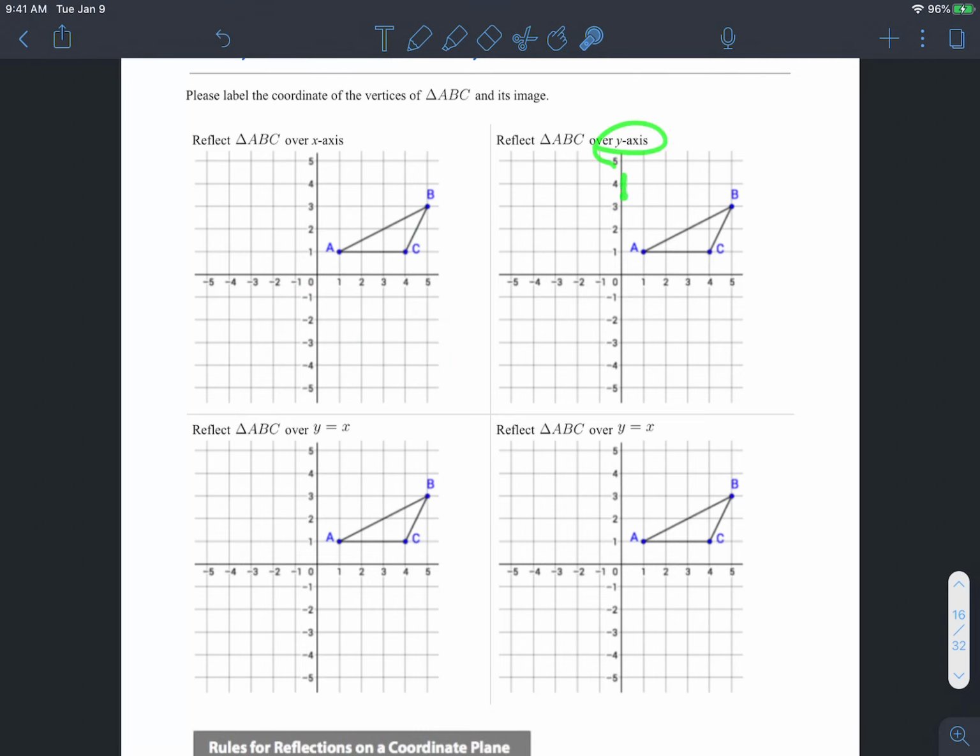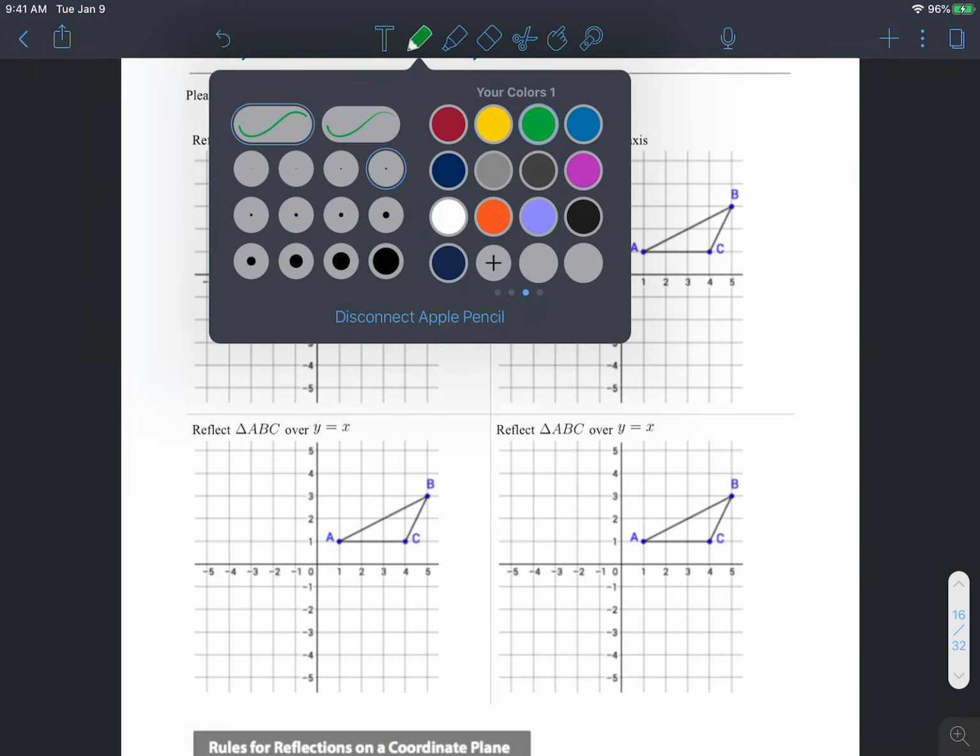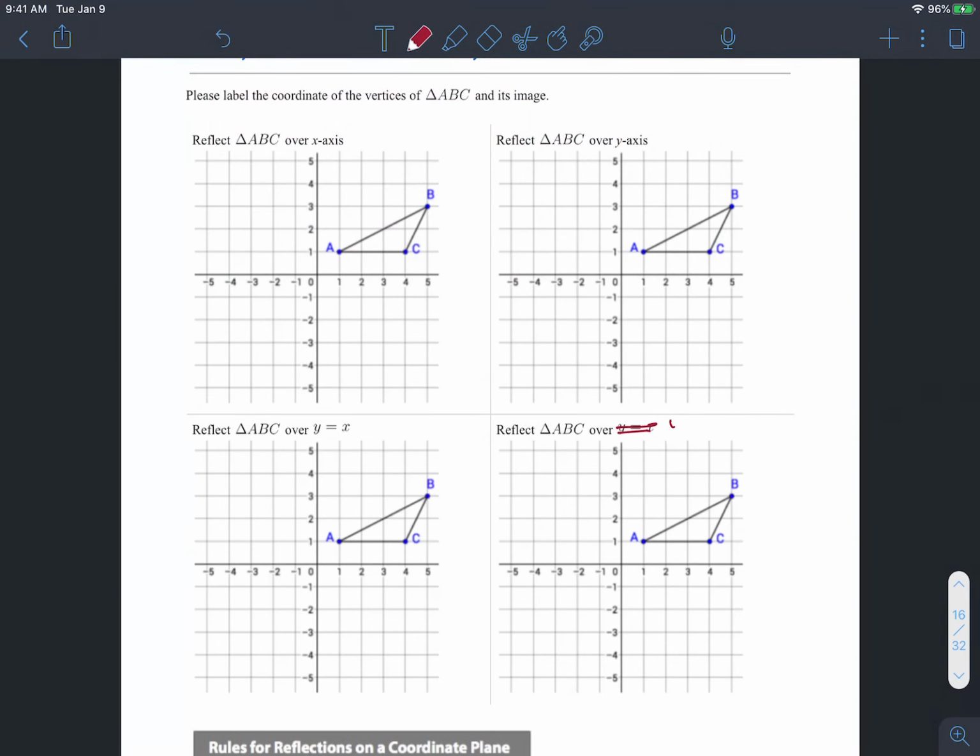And this one is over the y-axis. So it's like folding a paper this way, right? And y equals x going this way. No, that can't be it. Oh, typo. So that right there has to be y equals -x. So the line goes this way, okay? All right, guys, go ahead and try to see if you could do that yourself first. Pause the video.